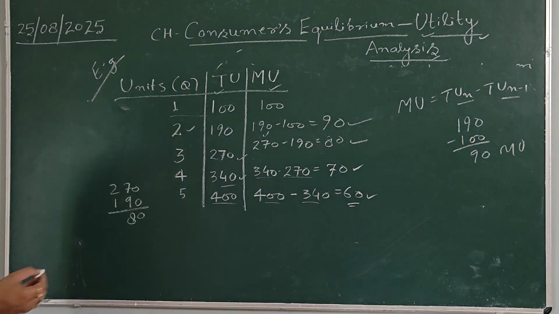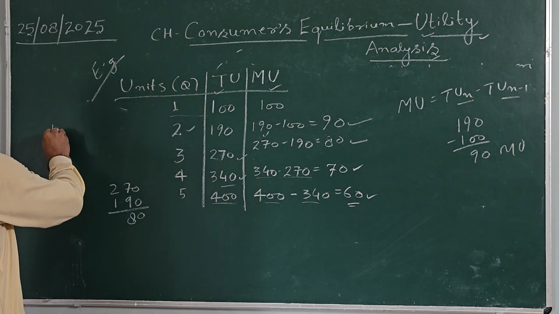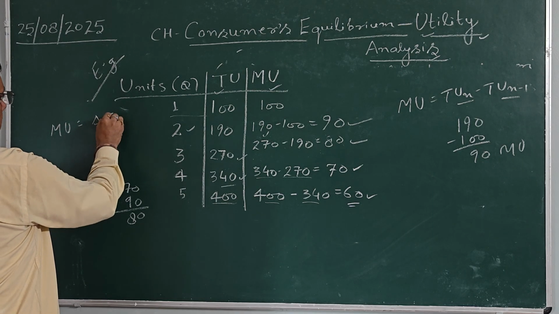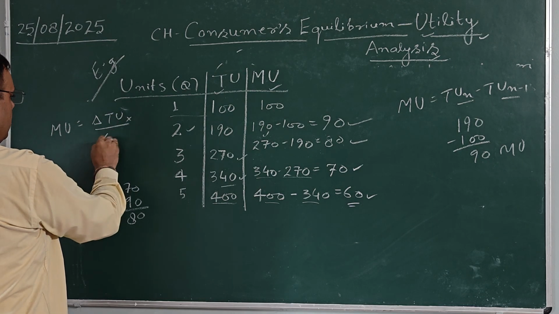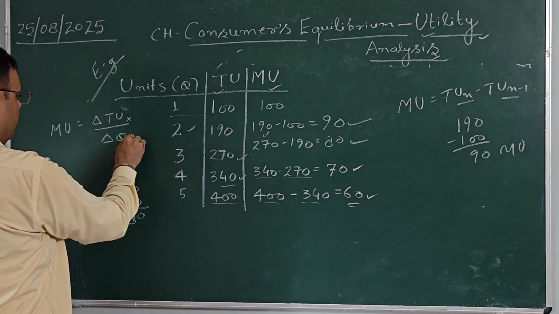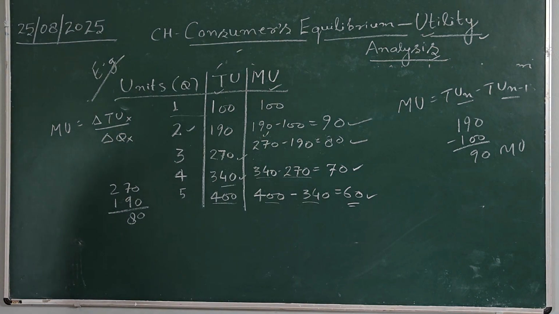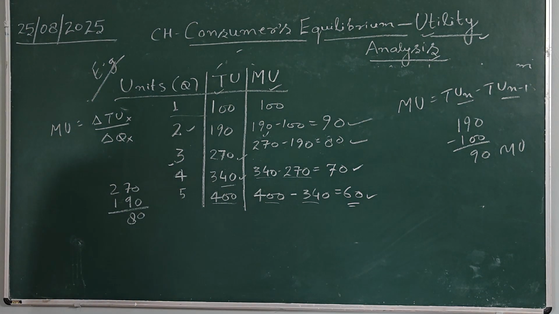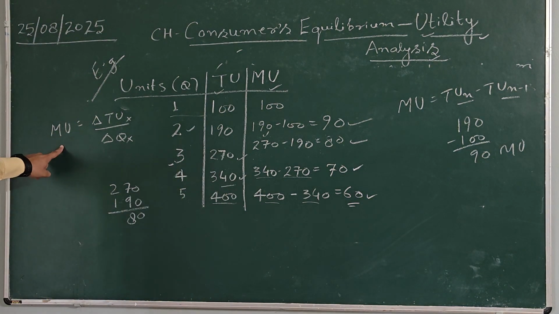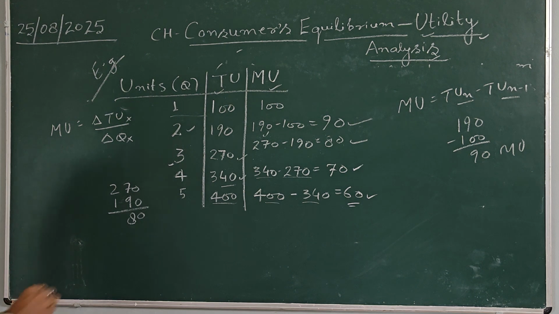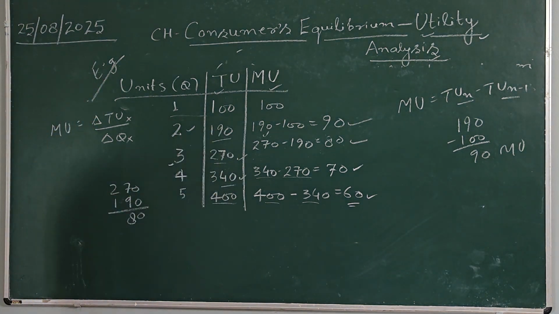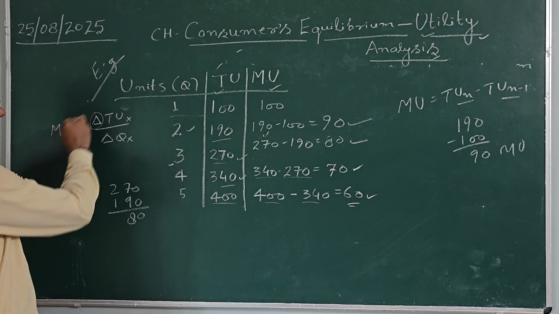And with the help of the other formula, marginal utility is delta TUx upon delta Q. Suppose we have to find out the marginal utility at this level. The TUx difference is 270 minus 190. Delta means difference.